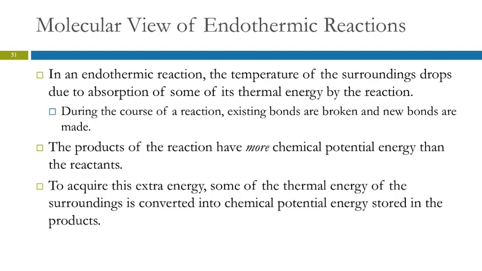So it's an endothermic reaction. In the course of that reaction, existing bonds are broken, new bonds are made, but the new bonds are higher in energy than the old bonds. And where does it get the energy? It gets the energy as heat from the surroundings. So it pulls energy in from the surroundings. And then you have the products of the reaction having more potential energy than the reactants.